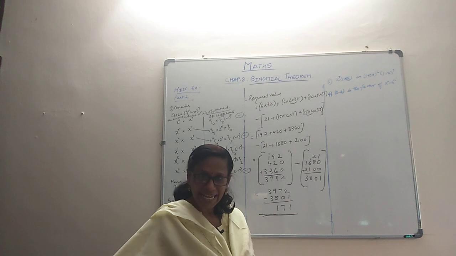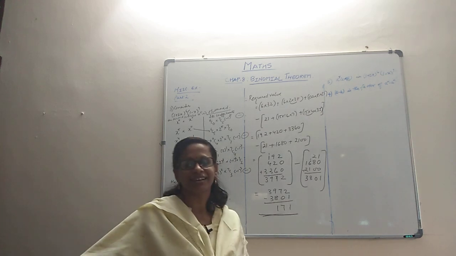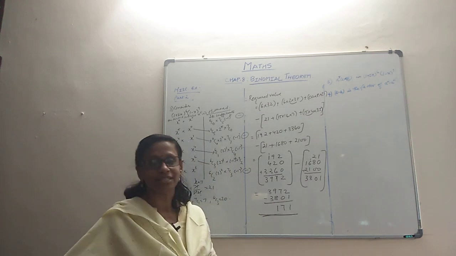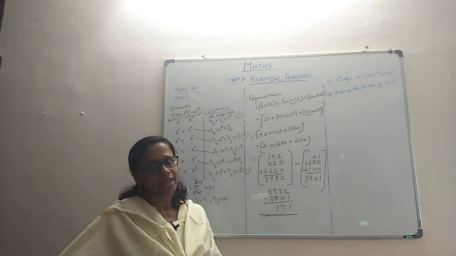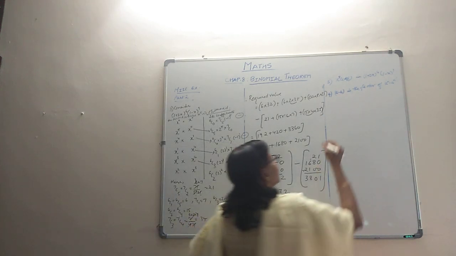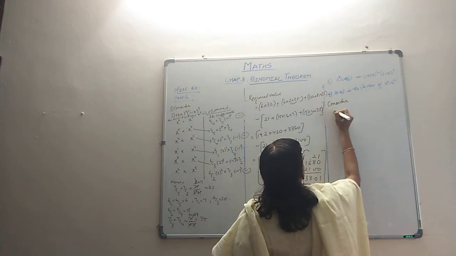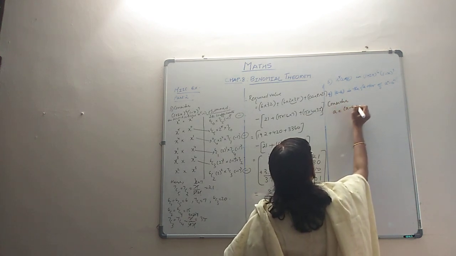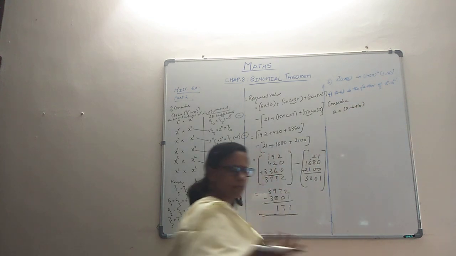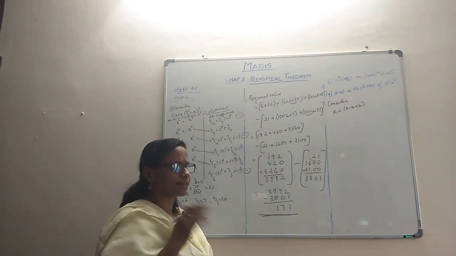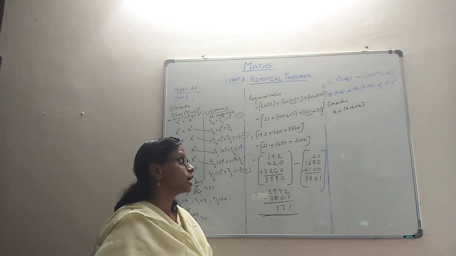And as an aid in the question itself, there is a hint in the textbook. They say that you consider a as a minus b plus b. Definitely minus b plus b is cancelling. You are left with a. It's as good as saying this.